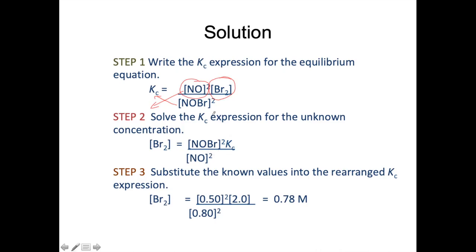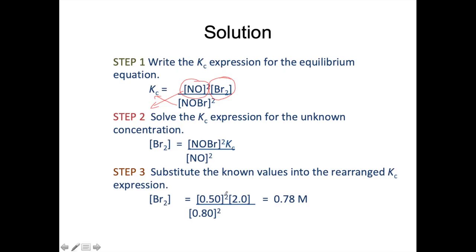Again, if you're having trouble seeing how we rearranged from here to here, I recommend breaking this down into steps like I just described. Then at that point, you just plug in numbers. You take your concentration of NOBr, the value of Kc, and the concentration of NO that the question gives you.